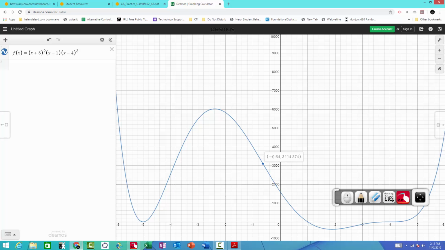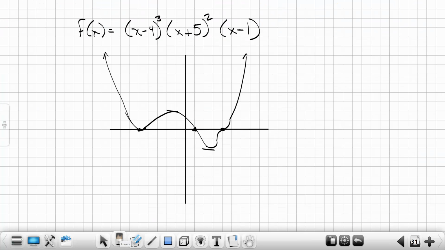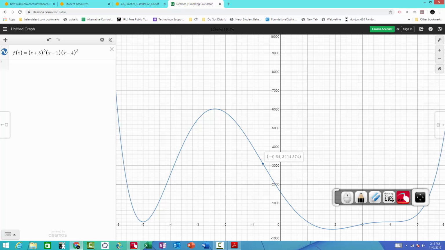But I still bounced off -5, passed through 1, and then wiggled through 4, which is what my graph showed. For this lesson, for all intents and purposes, how high you make it doesn't matter. But really, you're zooming out in a very specific way. Right, Natalia? Okay.